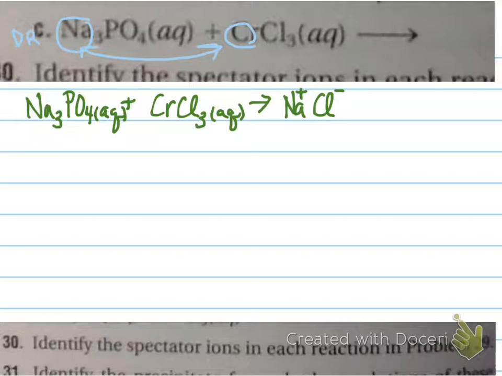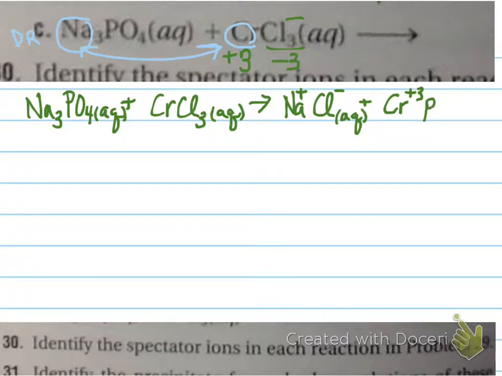I look at my states of matter, my solubility rules. Rule 4, chloride and iodide salts are soluble, and sodium is not listed as an exception, so that's aqueous. And chromium has a charge of +3, and I know that because there's 3 chlorides, each with a negative charge, so that's -3, so this has to have a +3.